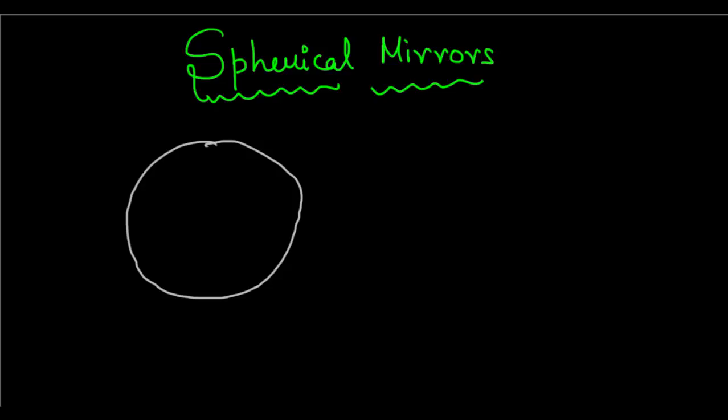Now, the reflecting part of the sphere may be the inner part or the outer part of the sphere, but irrespective of that, there are some features which we need to understand. Suppose this is my reflecting sphere. You can see that there is a radius of the sphere.